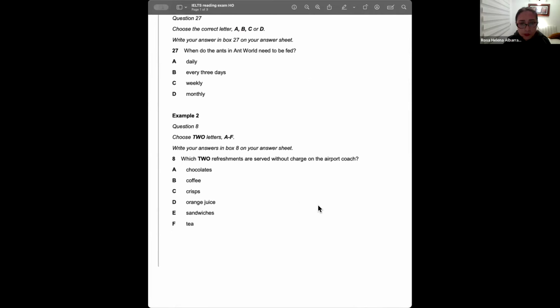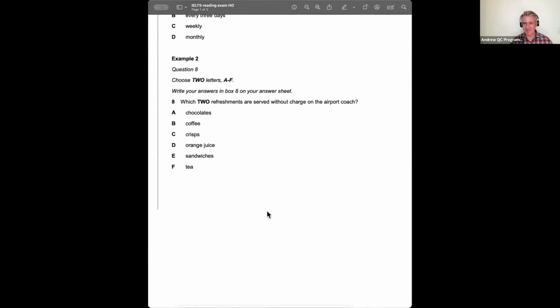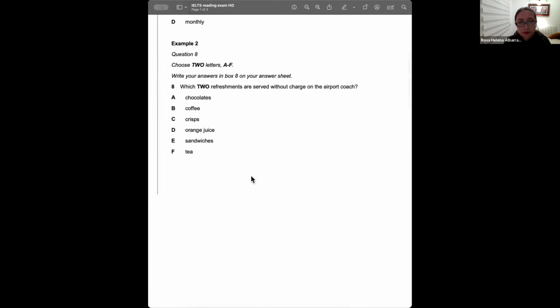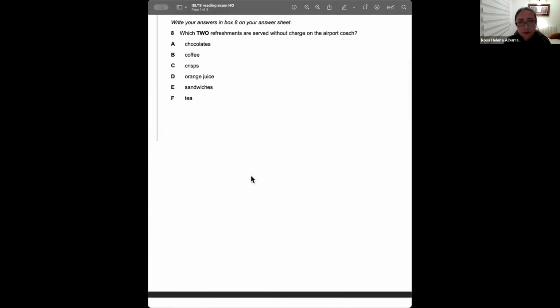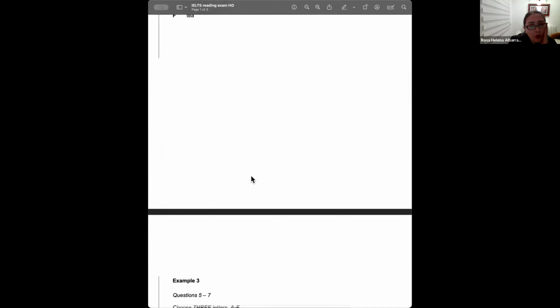Choose two letters. That there are multiple answers, but only 1 mark, right? So you have to choose 2, but you only get 1 mark for that. Do all of them have only one mark?